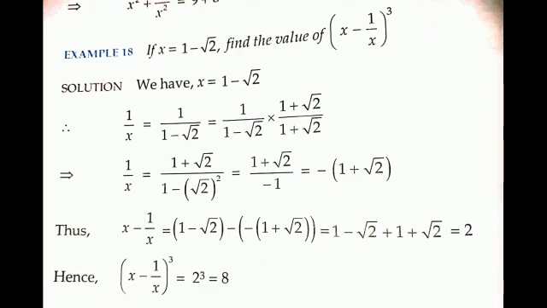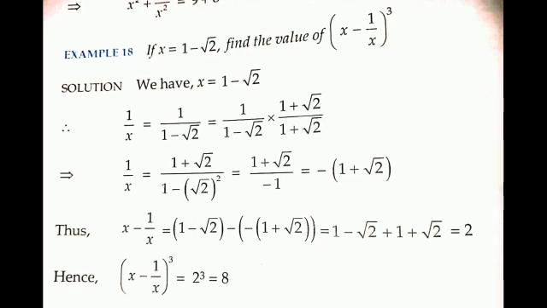Thus x minus 1 by x is equal to, using the value of x which is 1 minus root 2, and 1 by x we have already calculated, it is minus 1 minus root 2, which gives us 1 minus root 2 plus 1 plus root 2, which is equal to 2. That is, x minus 1 by x is equal to 2.